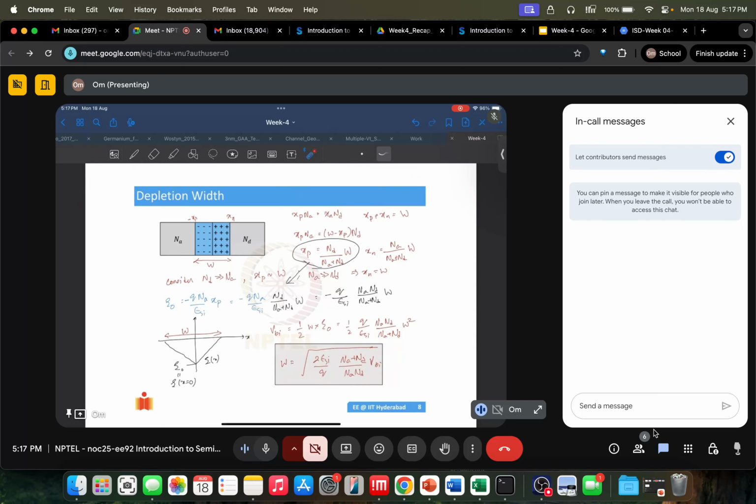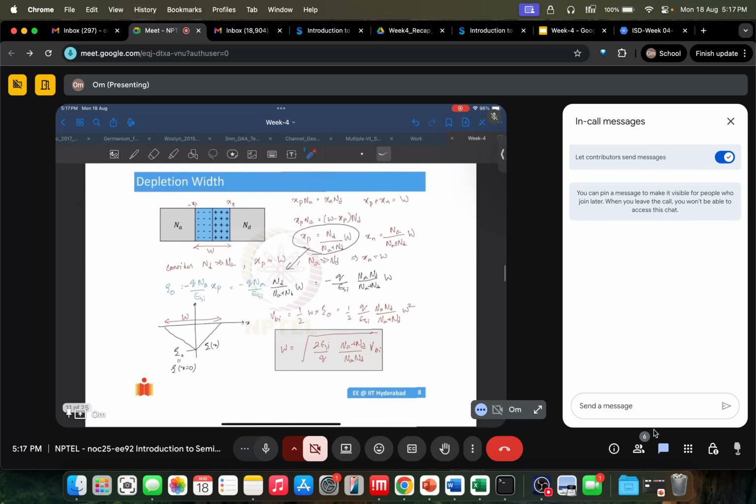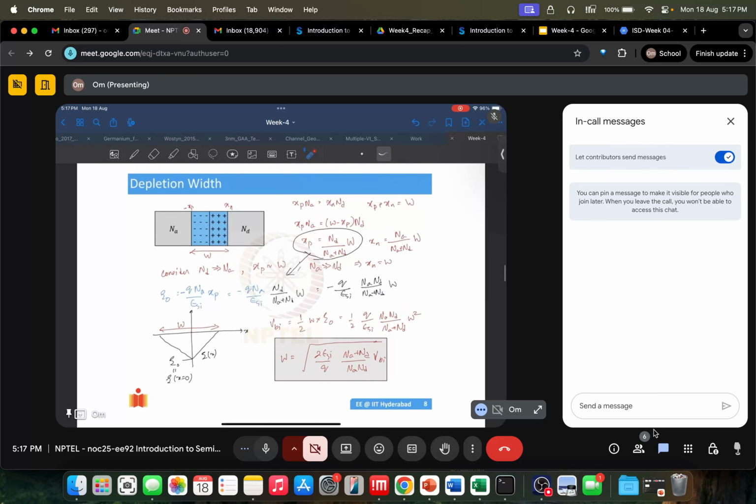This is the electric field. So this was just a brief overview. You have already read all this in the lecture videos. This was just a recap that will help you with your assignment.